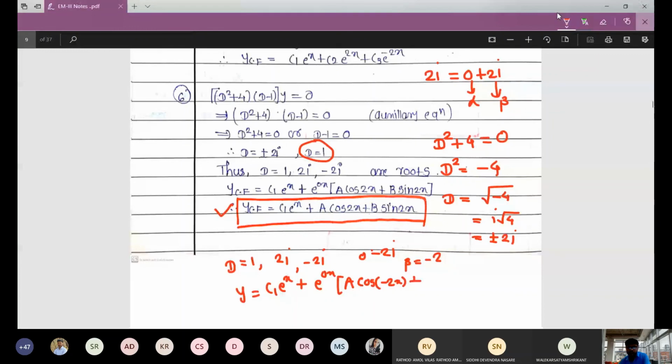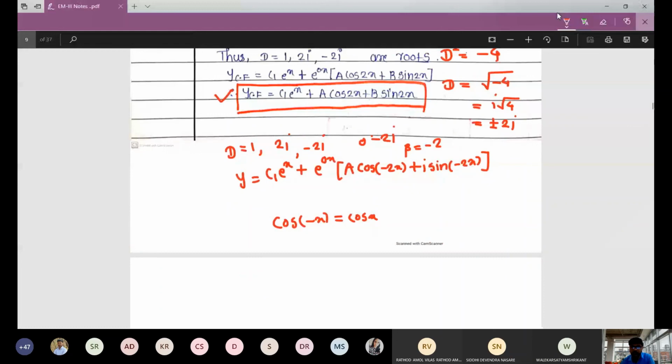If you simplify it further, let me remind you once again, cos of minus x is nothing but cos x, that is an even function, and sine of minus x is nothing but minus sine x. I am going to use these two things here.